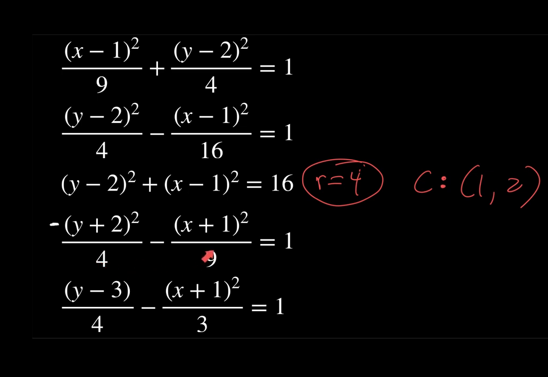Different numbers, that would make it an ellipse. Here it's subtracting. Oh, but wait, there's no squared. If there's no squared on the y, but there is on the x, this is a parabola, which is a quadratic. It's the things that we've been doing.